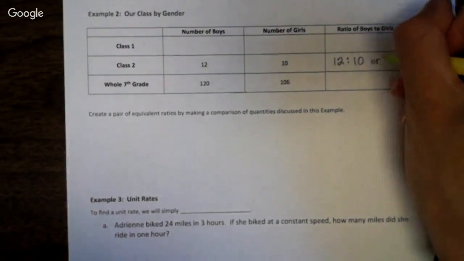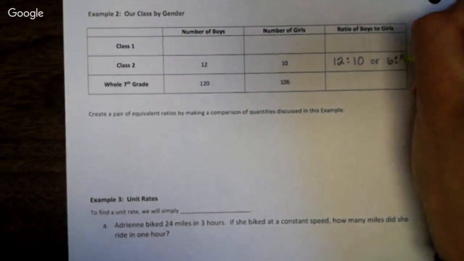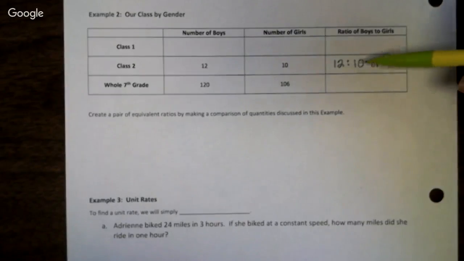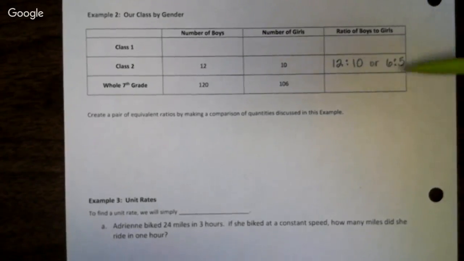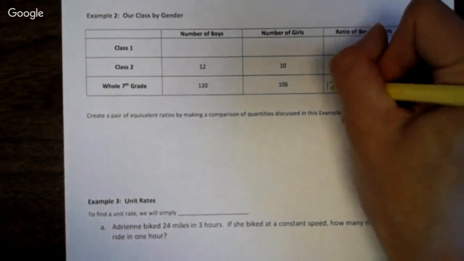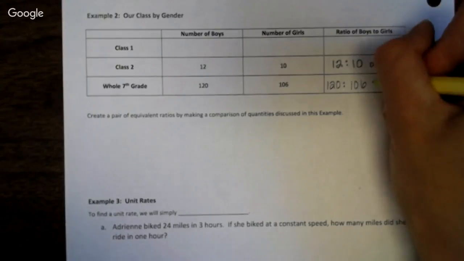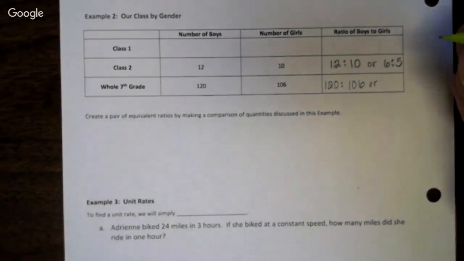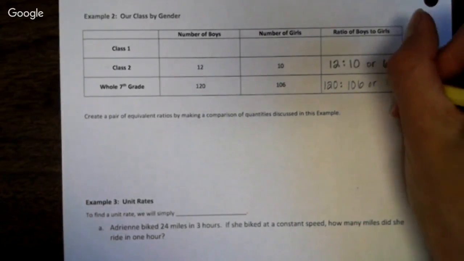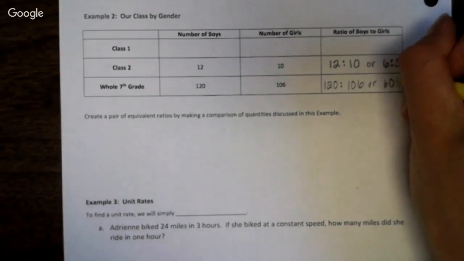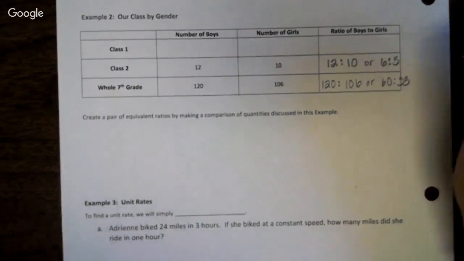Now, you can simplify that to 6 to 5. Those would be equivalent ratios because I could divide both of these numbers by 2 and give 6 to 5. The whole 7th grade, there are 120 boys, 106 girls. Now, that also reduces, so the equivalent fraction is 60 to 53 if I divide both by 2.